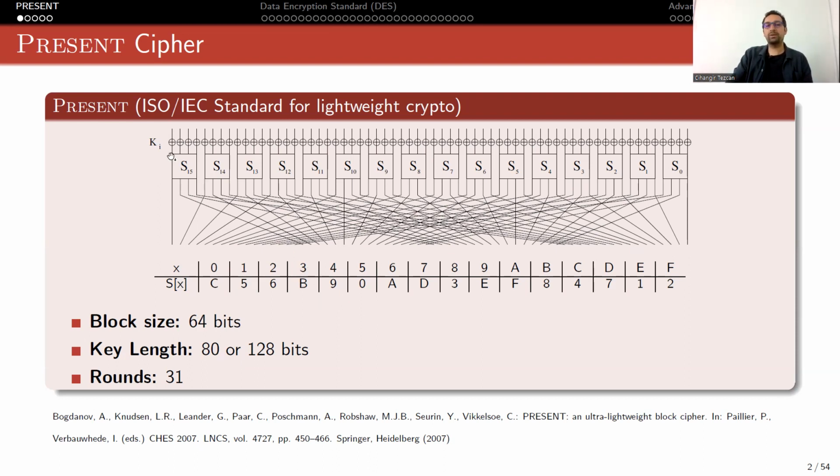Assume that your input is all 0, that is 0, 0, 0, 0. In hexadecimal notation, it is 0, and the table tells that the output should be C. C is 12 as an integer, but as bits, it is 1, 1, 0, 0. This is the confusion part. You do it for every S-box.